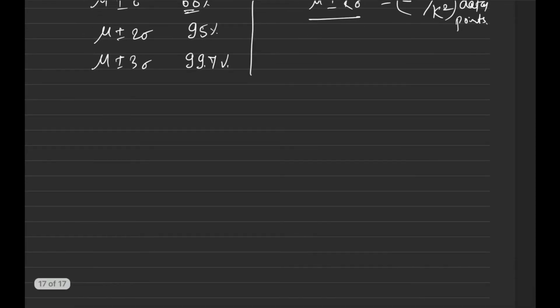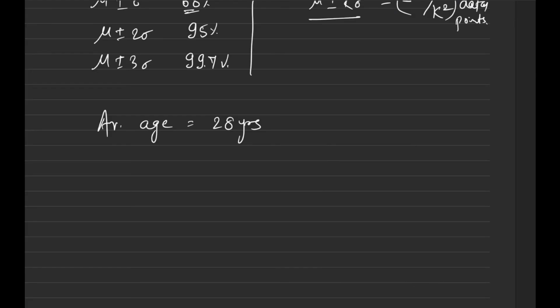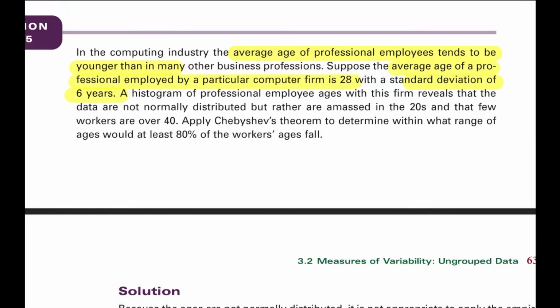So let's write it down: the average age is equal to 28 years, with a standard deviation of 6 years.